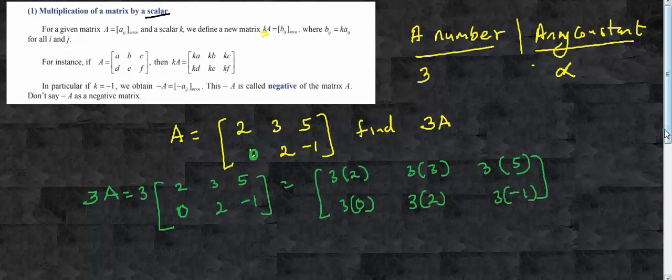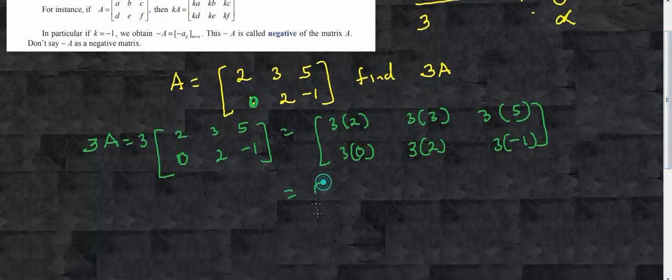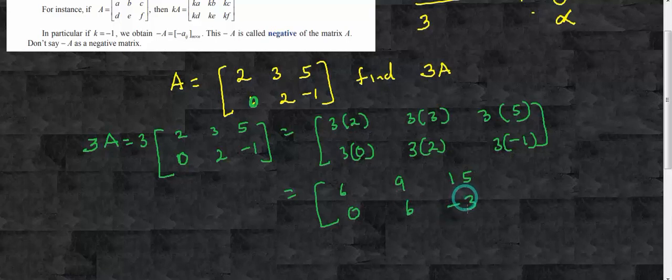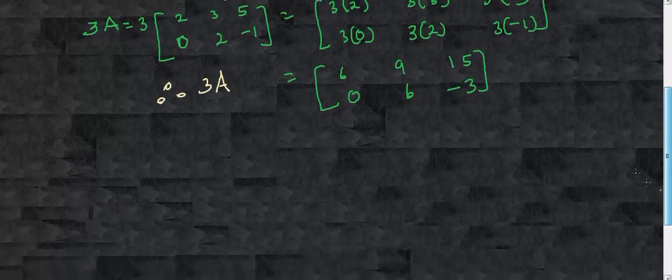So what would I get? That would be 3 times 2 is 6, 3 times 3 is 9, 3 times 5 is 15, 3 times 0 is 0, 3 times 2 is 6, 3 times -1 is -3. So the conclusion: when you multiply the matrix by a constant, I get the result as shown here. Now usually they are not going to be asking such simple questions.